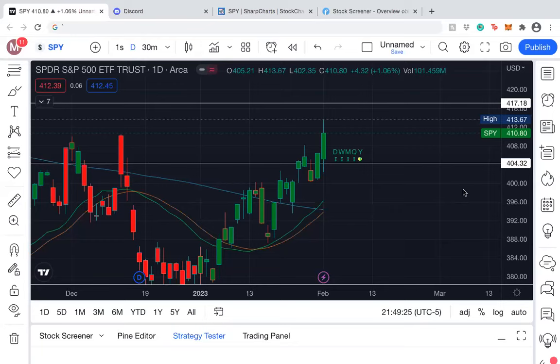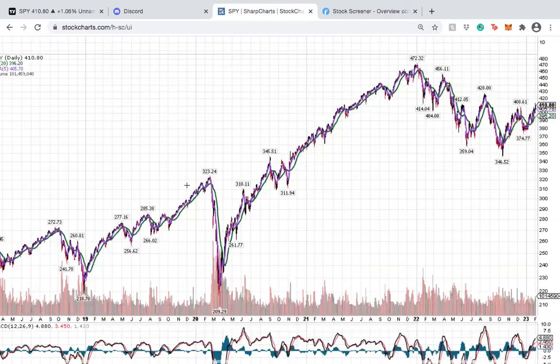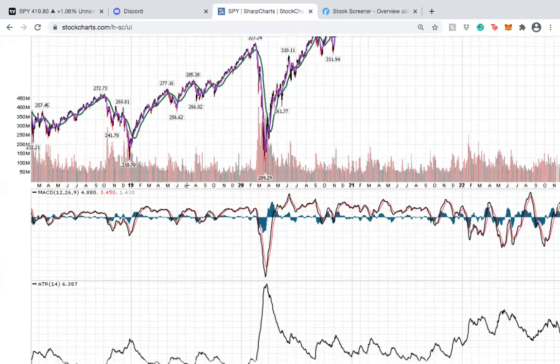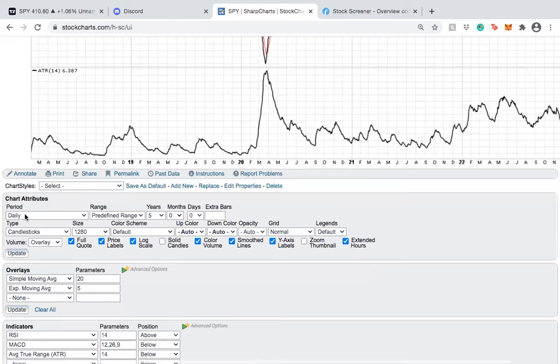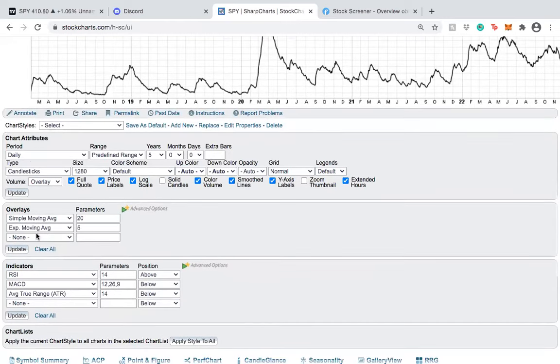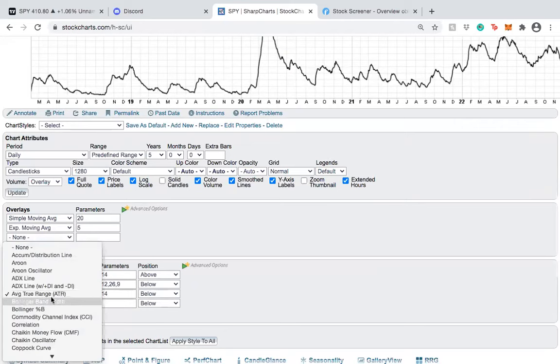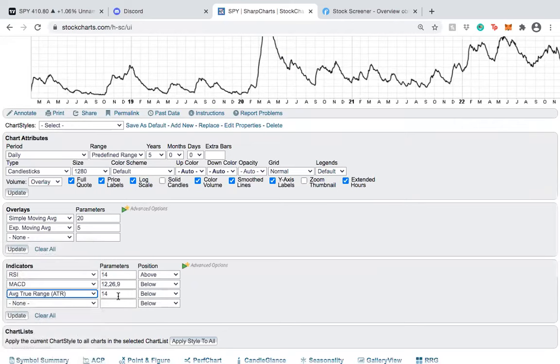Brianna, how do I set up the ATR indicator on stock charts again? So you come over here to stock charts and you scroll all the way down to where these chart attributes, overlays, and indicators are. You come to the indicators and use the drop down box, average true range. You can change the parameter, but I would leave it at 14. And then you just hit update.